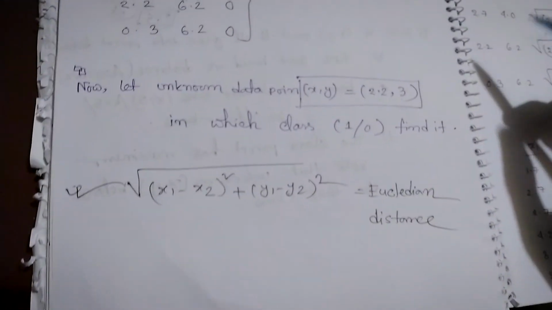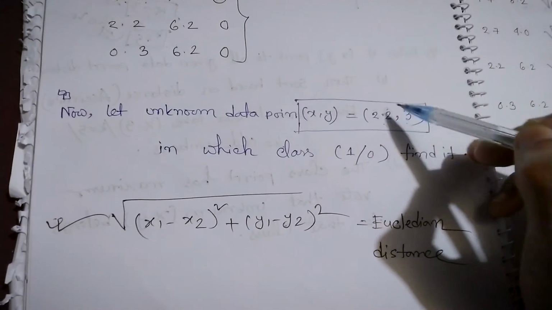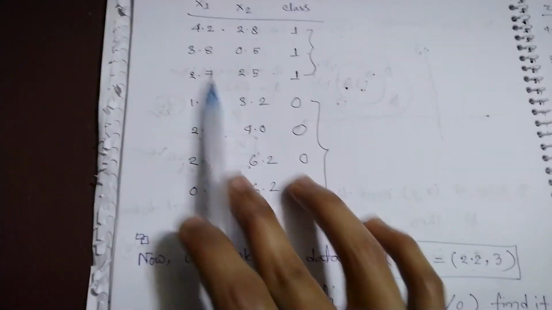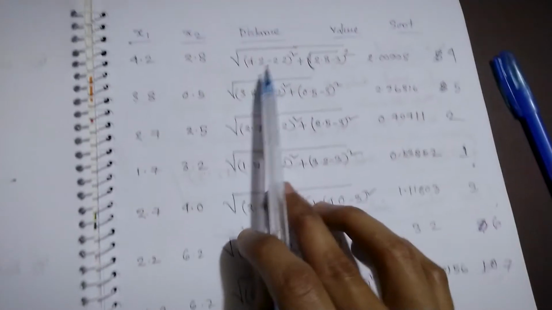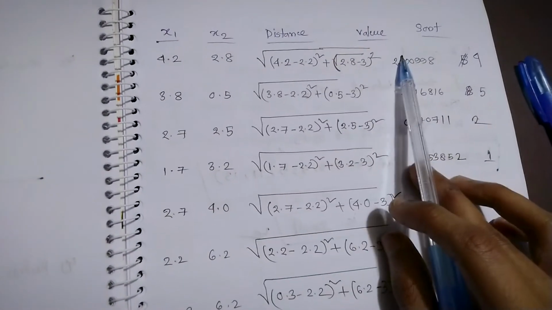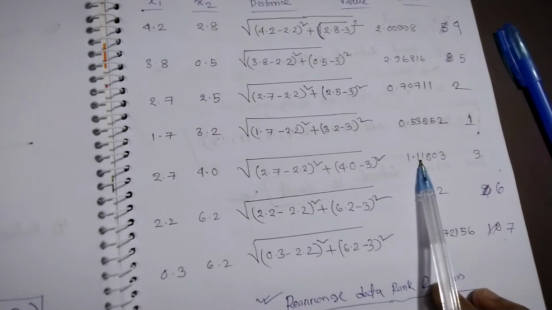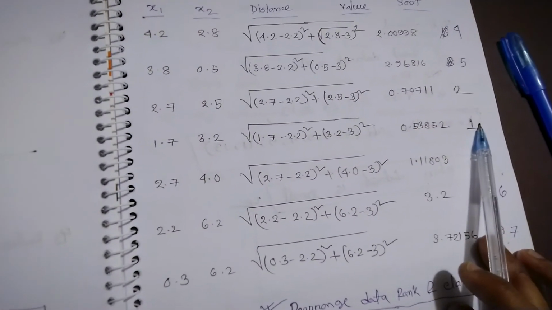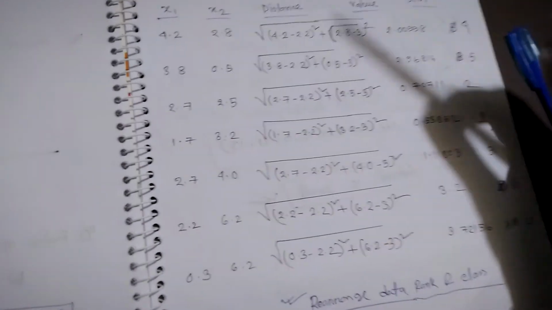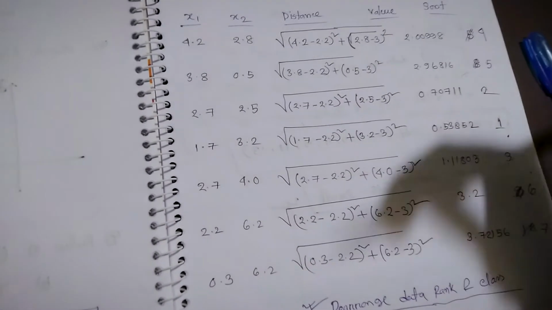So our main purpose is to find the distance from your unknown data point to all the given data set. Just find the distance using this formula, and you need to sort according to the value. The smallest one is rank 1, and it goes in ascending order from the smallest to the biggest value.